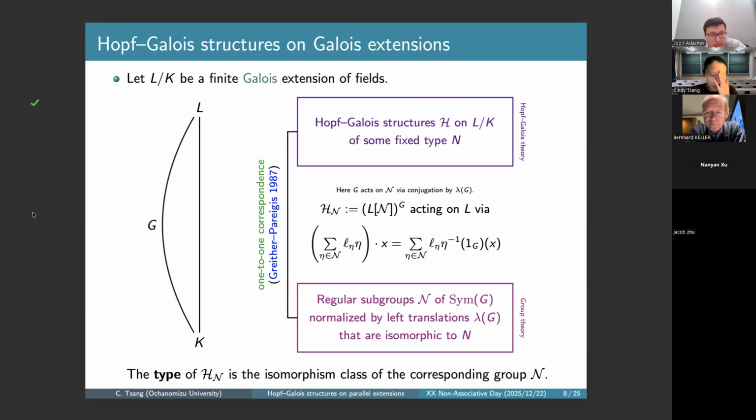I think one can show that when you have a Hopf Galois structure H, you tensor it over K with L, and then what the proof says is that you can find some group so that you have an isomorphism here, and then the type is the N that appears here. Okay, thank you very much. Thank you for your talk.